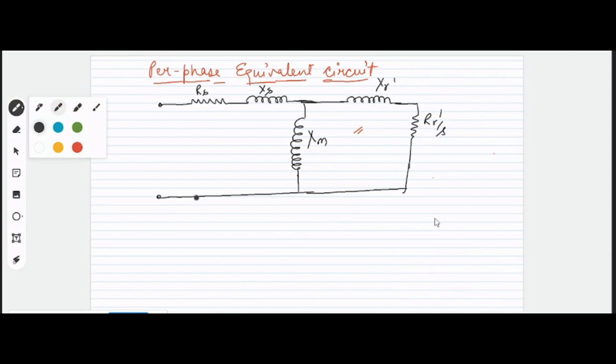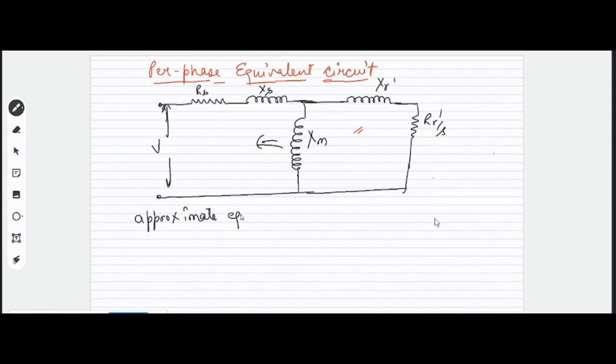Now we can get an approximate equivalent circuit if we shift this branch to the leftmost side, because V is the applied voltage, right? There will be a small error if we shift this XM to this side, but there will be a large simplification. So that we call the approximate equivalent circuit.